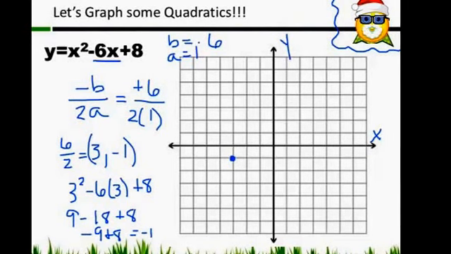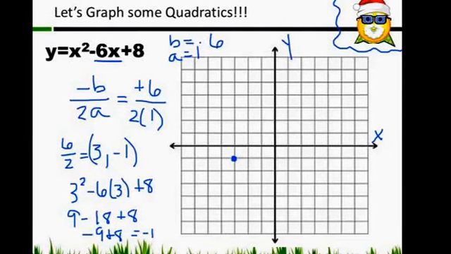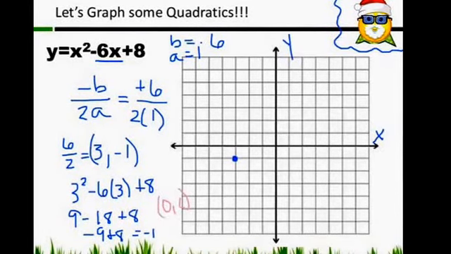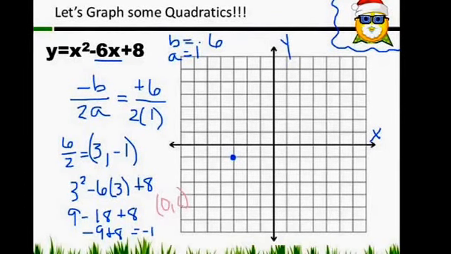Remember to label your x and y axis. Now what do I do? 0, 8. C is my y-intercept, so I can go ahead and plot that. I'm going to go 1, 2, 3, 4, 5, 6, 7, 8. It's a little bit off the graph, but I'm going to use it. It's not too far away. Remember, the axis of symmetry goes right through the vertex.